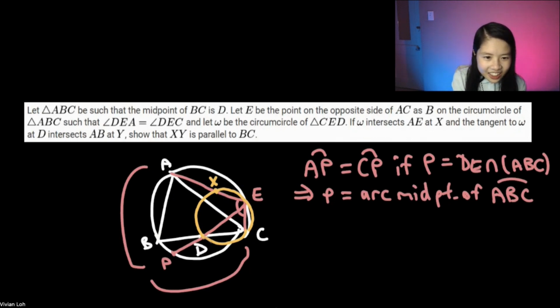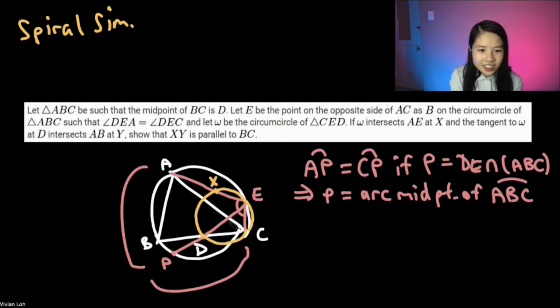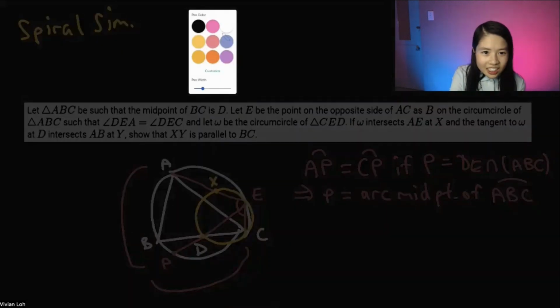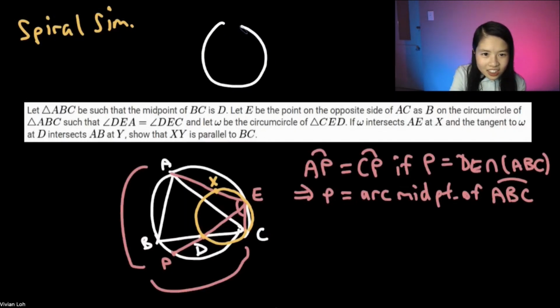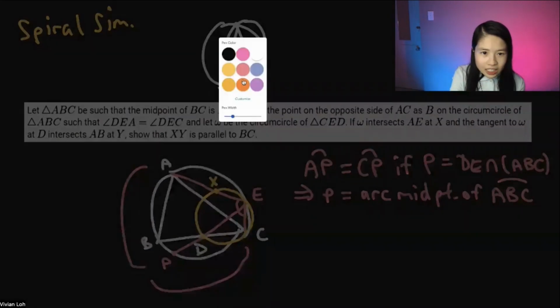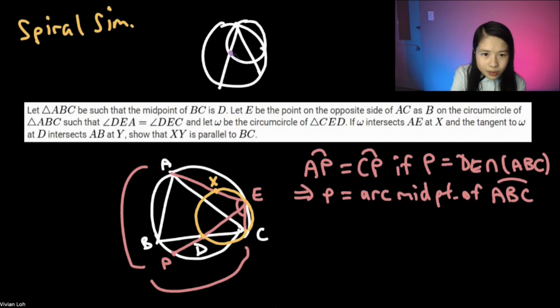So, okay, there are many ways to do this problem, but I'm going to present the solution that uses spiral similarity because it's very cool. So basically what spiral similarity says is if you have two circles that intersect at two points, and then at one of these points, we draw two rays that both intersect the circles at two other points.